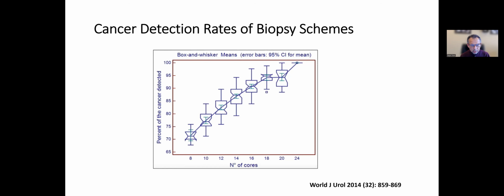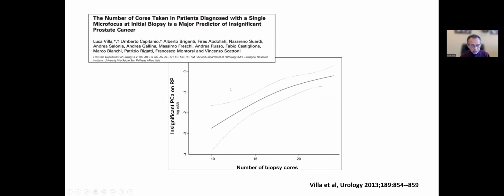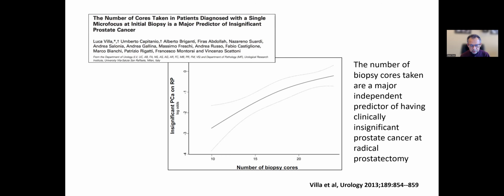But this cancer detection also comes with more clinically insignificant cancers. As shown in this particular graph, in this study, the number of biopsy cores taken was a major independent predictor of clinically insignificant prostate cancer at radical prostatectomy.